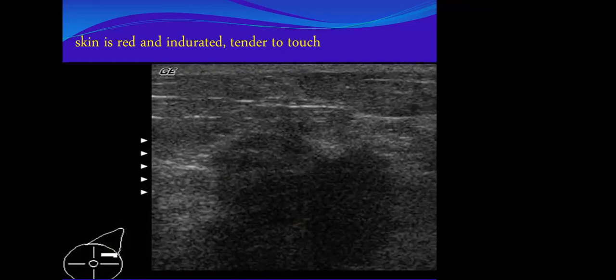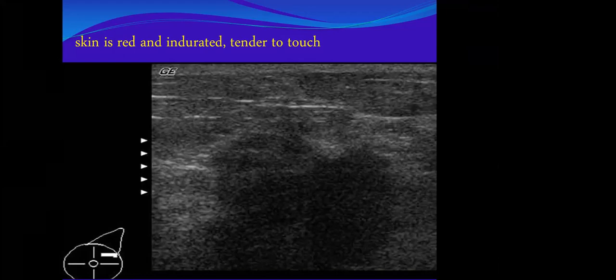So from this clinical history, it might give an impression of carcinoma, because the skin is red, indurated, tender to touch, which is a sign of inflammation.